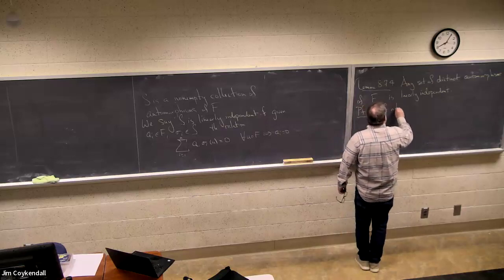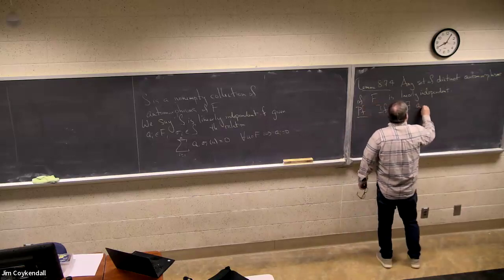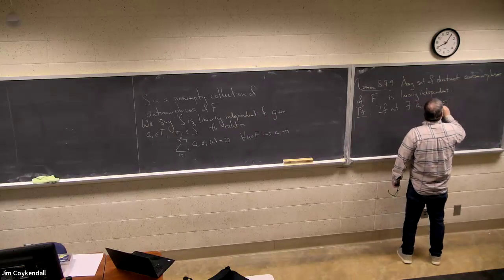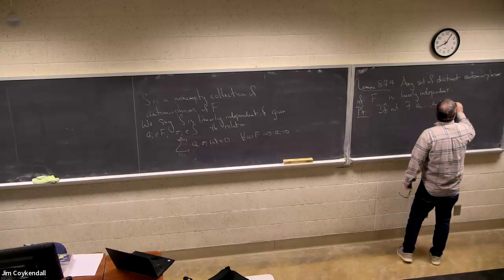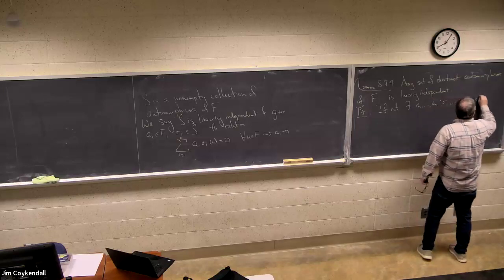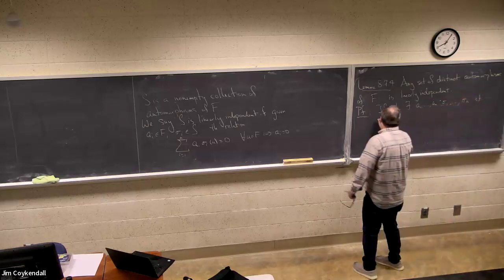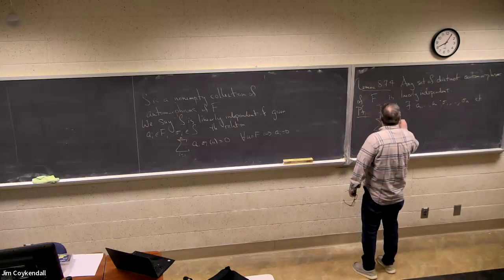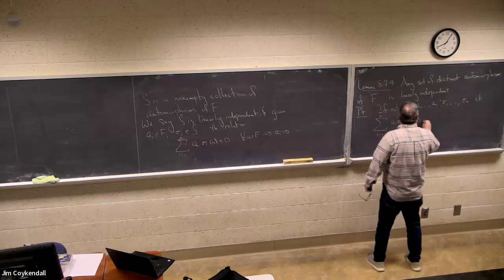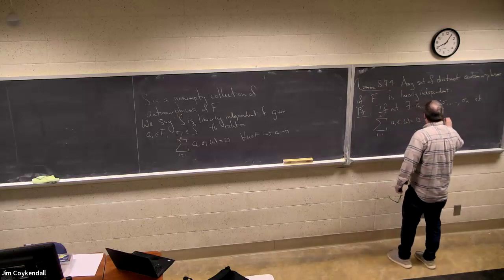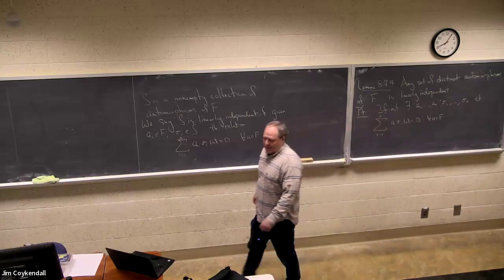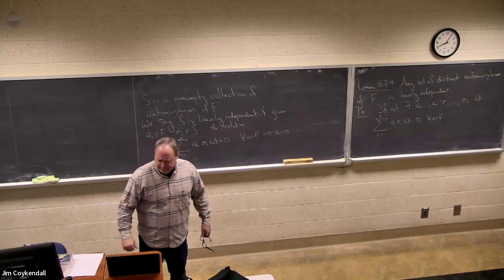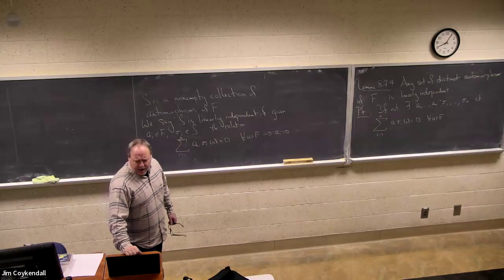If not, there exist A1 through An and sigma 1 through sigma n such that the sum of A_i sigma_i(u) is 0 for all u in F. So that's what it means for those to be linearly dependent.